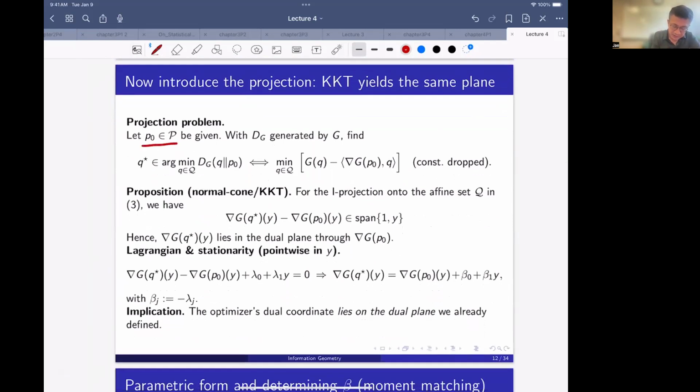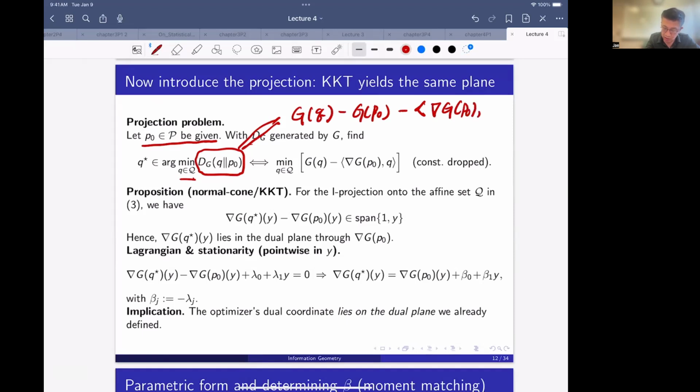So this is for given P0. We want to minimize the Bregman divergence in this space. And this is G(Q) minus G(P0) minus the inner product of the gradient of G(P0) and Q minus P0, right?